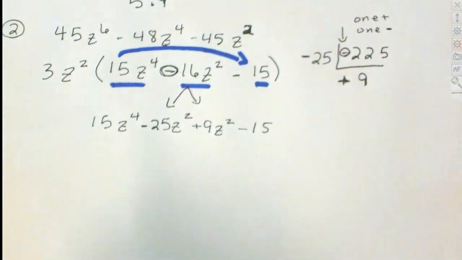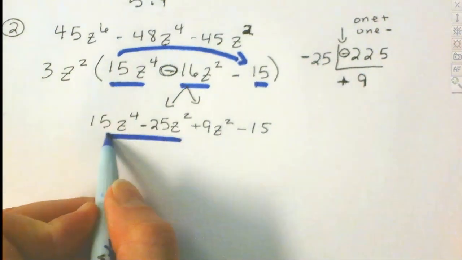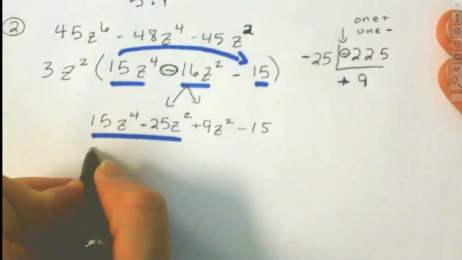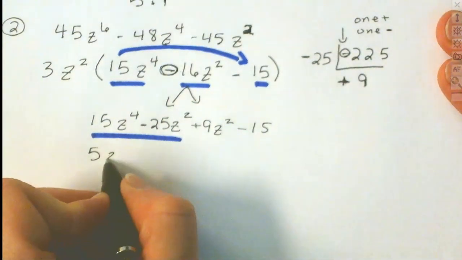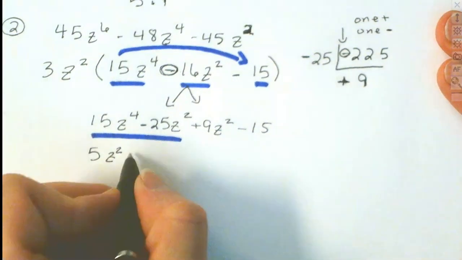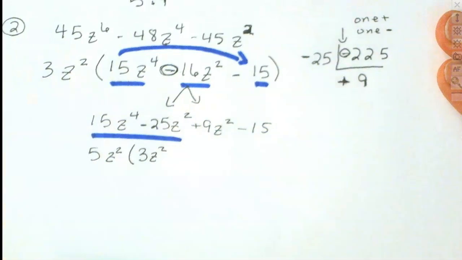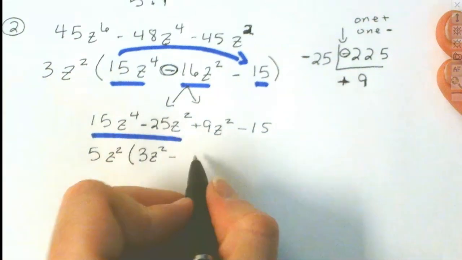Now we factor by grouping. When we look here, we see that these have a 5 in common. So we're going to take a 5z squared out. That leaves me with a 3z squared minus 5.